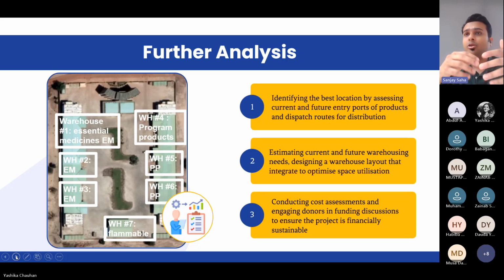But instead, what they could have done was they could have planned the integrated warehouse at once, and then based on the availability of funds, they could have kept on constructing it. They could have figured out a way how they could have done integration in that situation. If you see in this layout, there is a lot of wasted space in the center of this entire area.